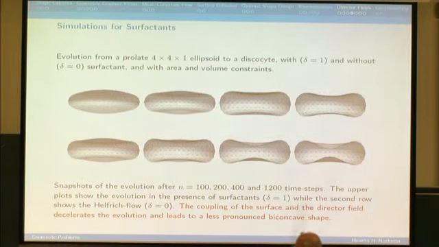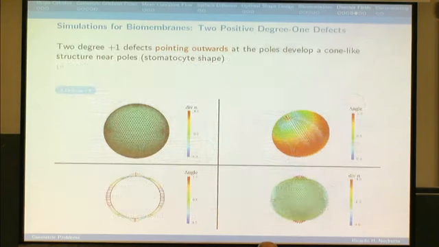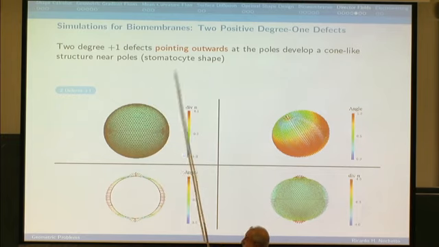Here you have simulations without surfactant, with surfactant. So the surfactant decelerates the behavior, and instead of having a very pronounced concave form, it's much less pronounced. And here you have, for instance, the effect of degree plus 1 defects on the poles.